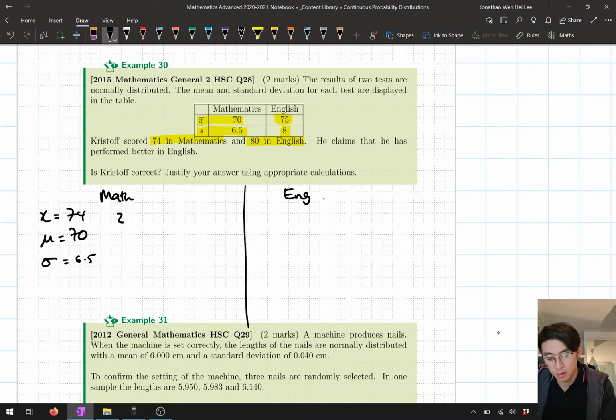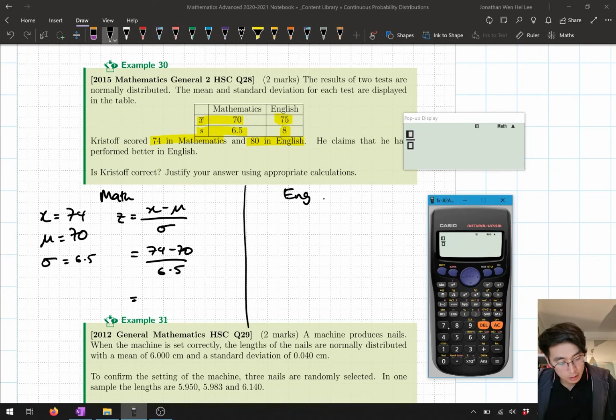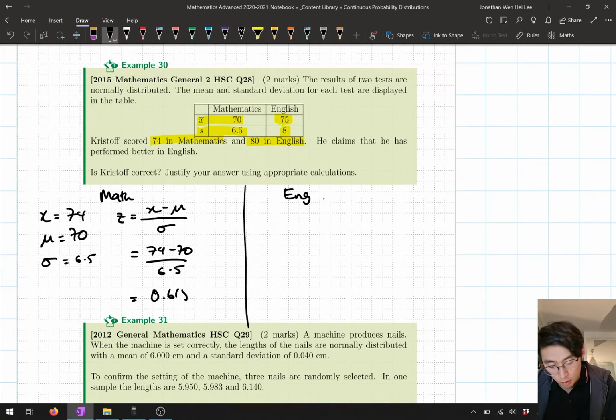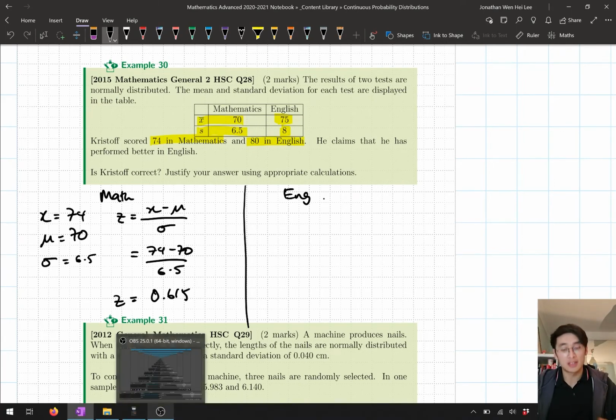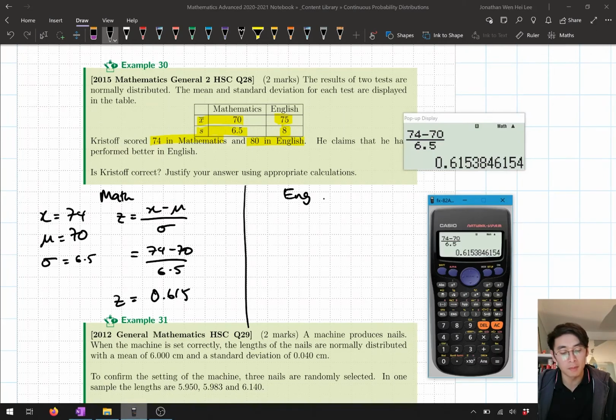So here, I'm just going to use Z is equal to x minus mu over sigma. So let's sub in our values. We've got 74 minus 70 over 6.5. Let me chuck that in a calculator. 74 minus 70 over 6.5. That gives me 0.615 Z-score. So he's above the mean, and he is 0.615 standard deviations above the mean for mathematics.